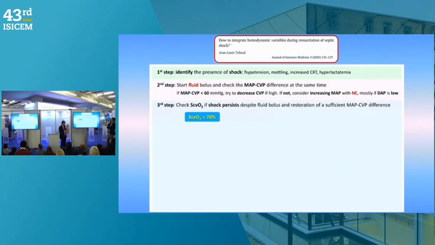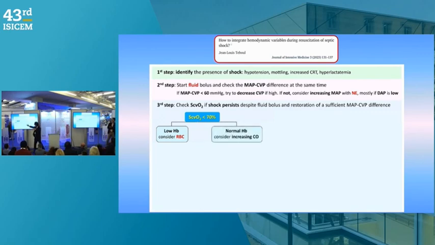How to do? Of course, there are two possibilities. Either it is due to low hemoglobin concentration, and you have to consider blood transfusion, or it is due to low cardiac output, or inadequate cardiac output, I would say. And it is normal to try to increase cardiac output.